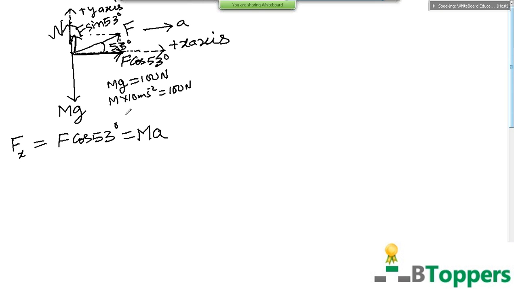So you can substitute g equal to 10 meter per second square on the left hand side. You get the mass of the block as 10 kg. You are given the acceleration of the block in the problem as 3 meter per second square. So you can substitute here cos 53 degrees equal to 3 by 5.